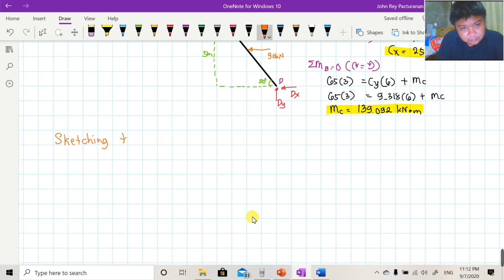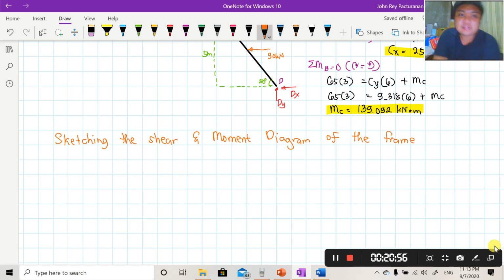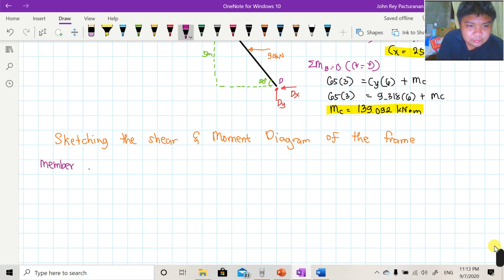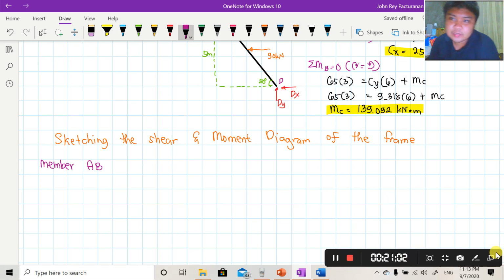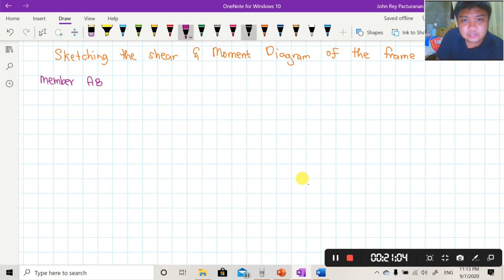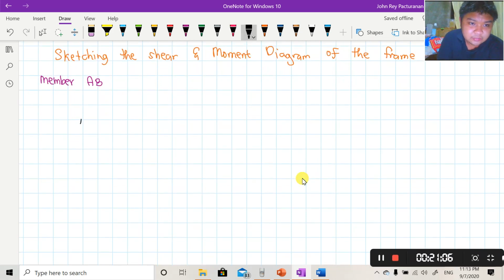Sketching the shear and moment diagram of the frame. Okay? So, syempre, simulan natin, class, kay AB. So, for member AB, originally, the member AB, class, is a horizontal one, ay vertical one, I'm sorry.